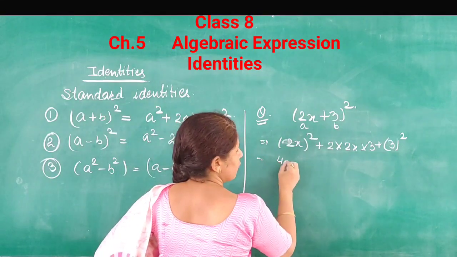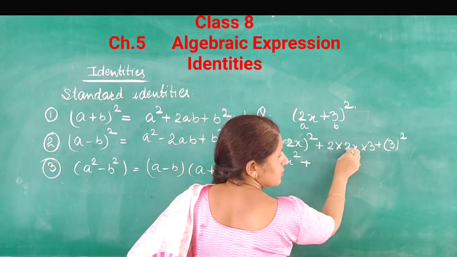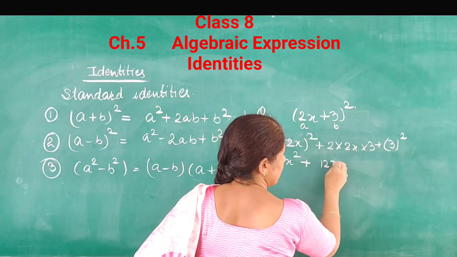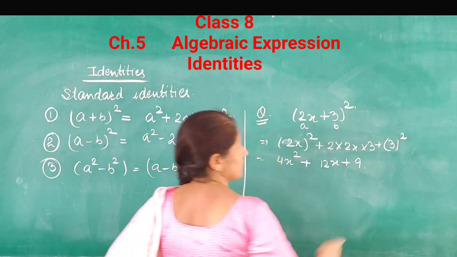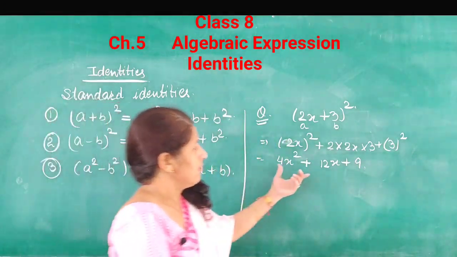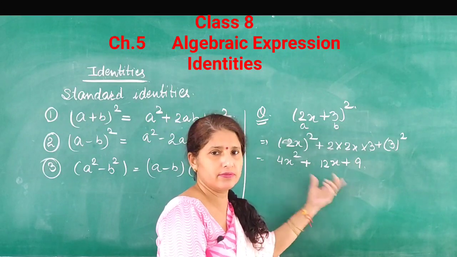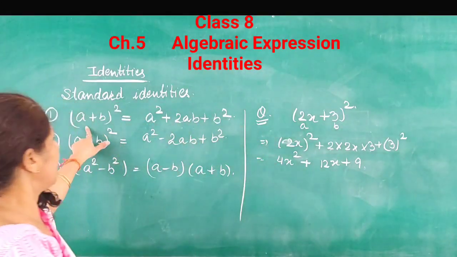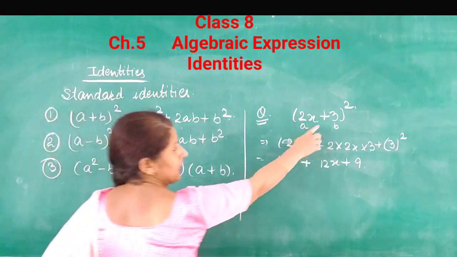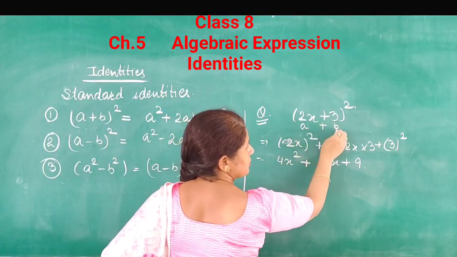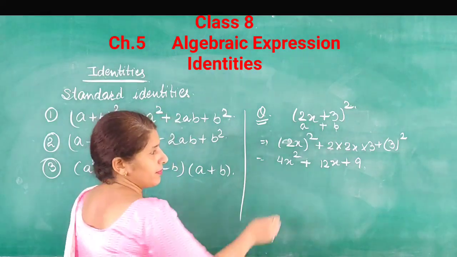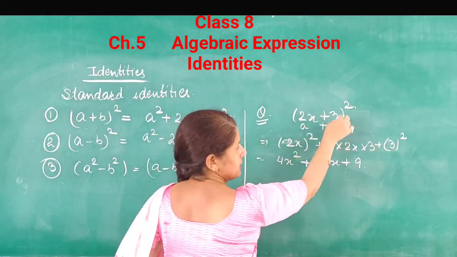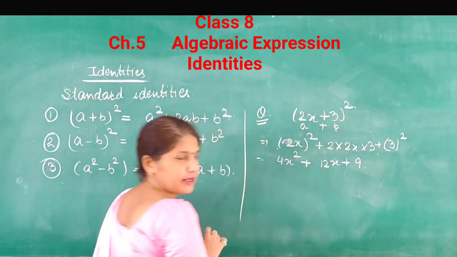After this, 4x square plus 2 times 2x times 3, that is 12x, plus 9. Just see, within one line we get the answer. We use the first identity a plus b whole square because the plus sign is there. We take a as 2x and b as 3 and apply this identity.